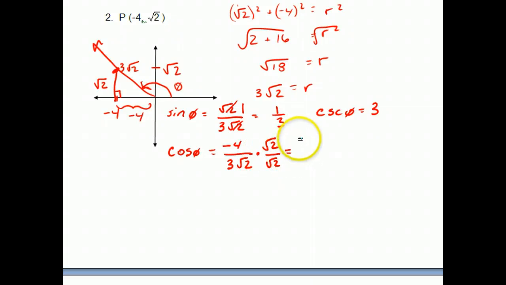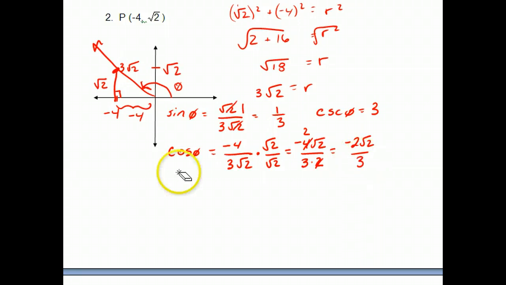And that's going to turn out to be minus 4 roots of 2 over 3 times 2, which is 6. And I can reduce that one more time. Looks like I've got a 2 here and a 2 here. So that's going to give me minus 2 roots of 2 over 3.